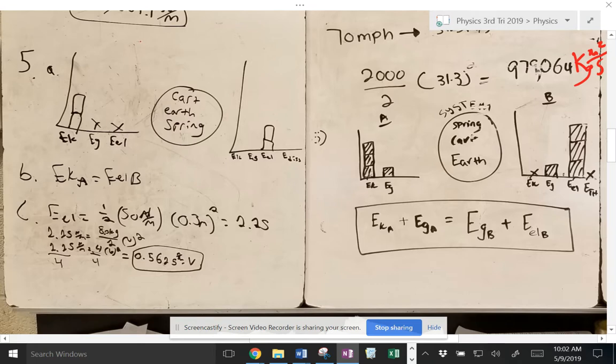Also in the problem, it tells us 50 newtons per meter is the constant for the spring. That's in the image here. So 1/2 of 50, so 25 times 0.3 squared. 25 times 0.09.